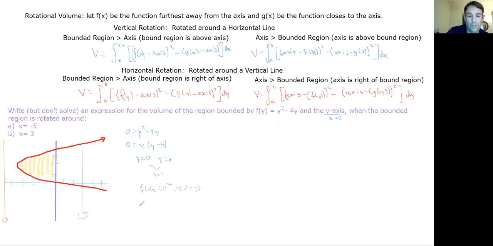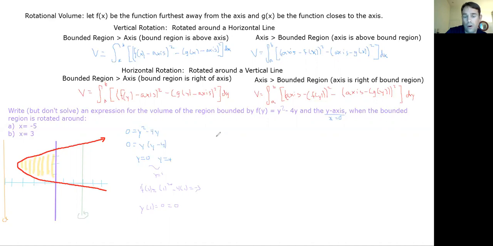If I plug it into my other function, x equals 0, oh, there is no y, so that just is 0. And you can see 0 is further away from -5 than -3 is. So when I rotate around -5, 0 will be the greater function. On the contrary, when I rotate around x equals 3, the green function, -3 is further away. So the parabola will be the greater function.